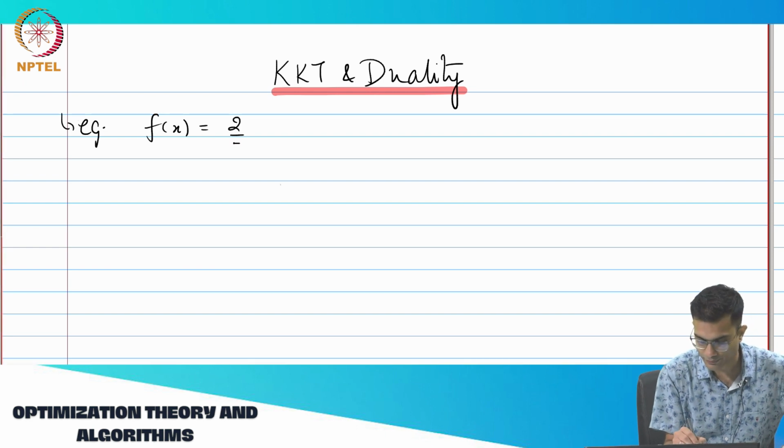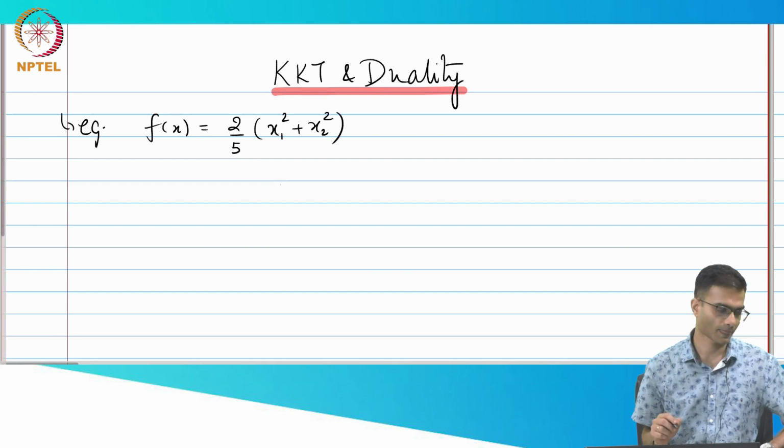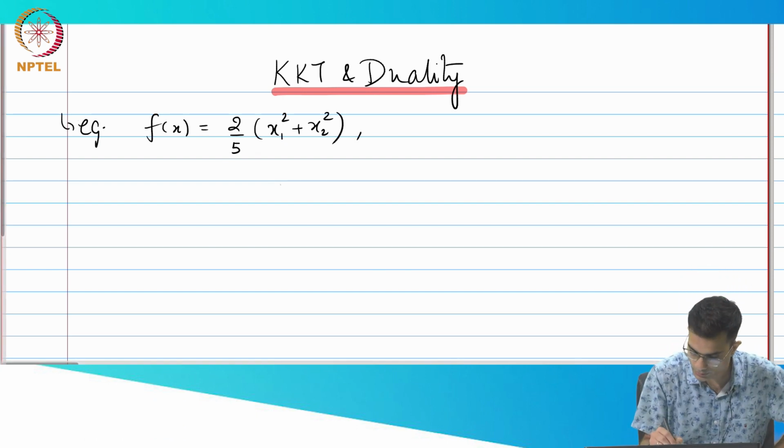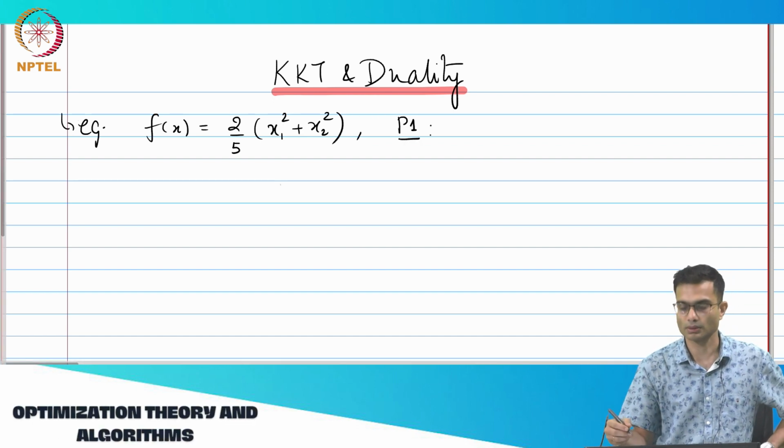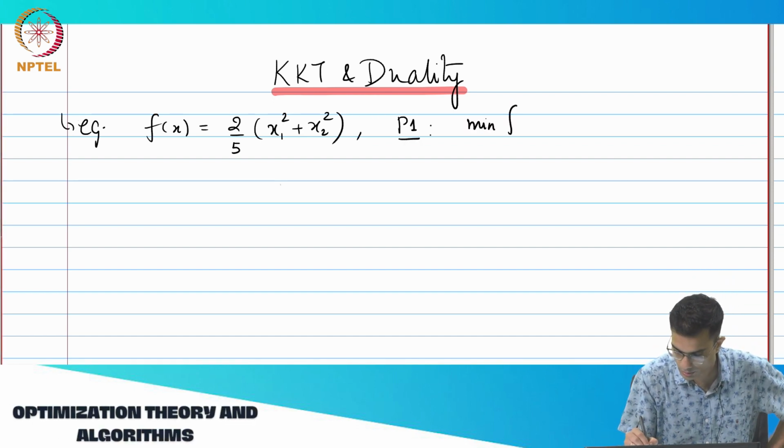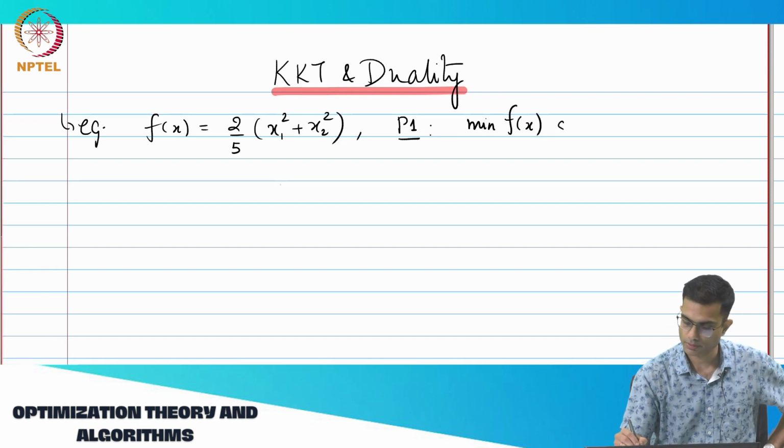I'm going to take an objective function which is actually quadratic. Okay, this is my function. And problem 1 is I want to minimize this. Okay.